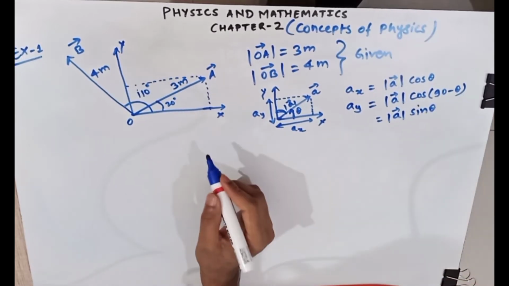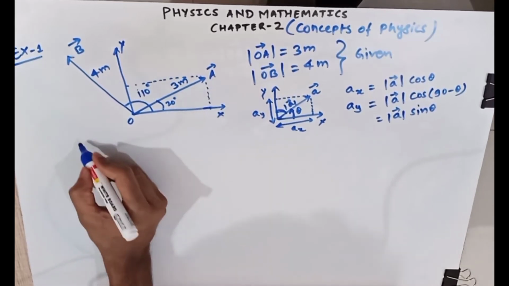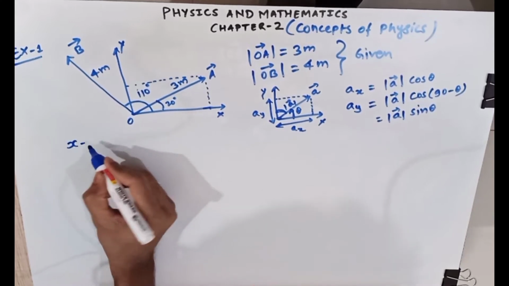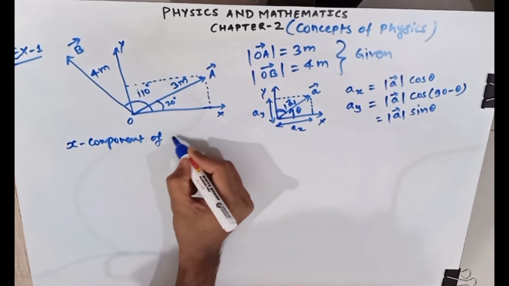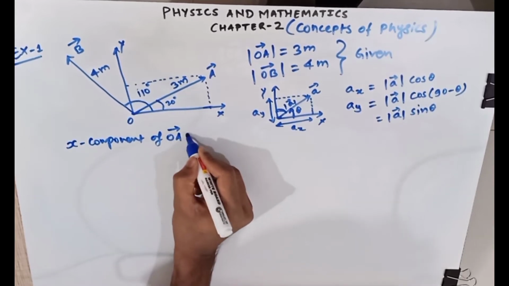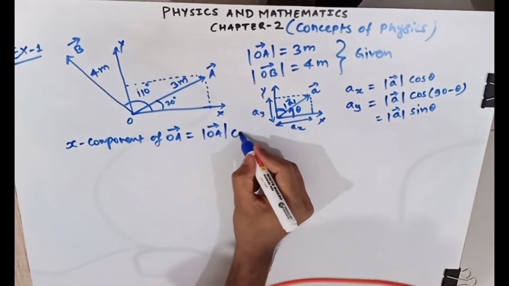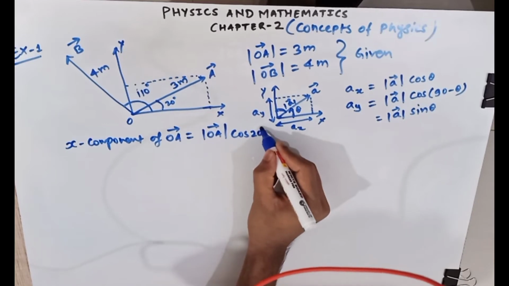Now let's come to our original problem. Let's decompose this vector A along the x-axis. The x component of vector OA will become the magnitude of vector OA and cos theta, which is the angle with the x-axis.